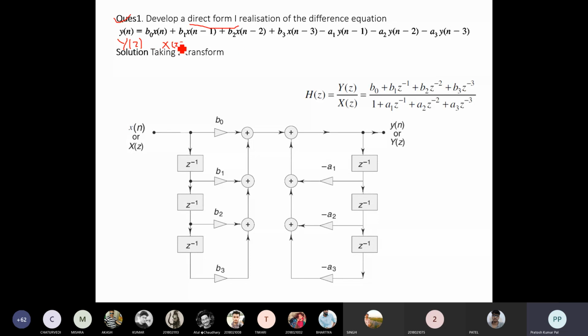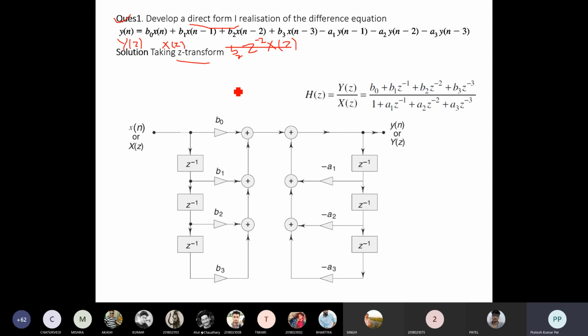By taking the z transform, we can see the y(n) term will be the same Y(z), but for b0 x(n), the z transform will be b0 X(z). Then b1 x(n minus 1) will be b1 z to the power minus 1 X(z). Similarly, b2 x(n minus 2) will be b2 z to the power minus 2 X(z).